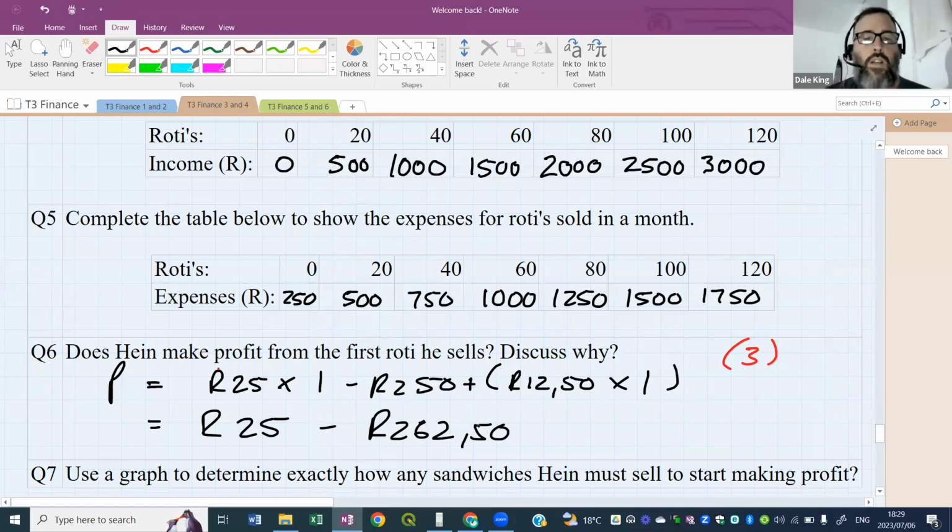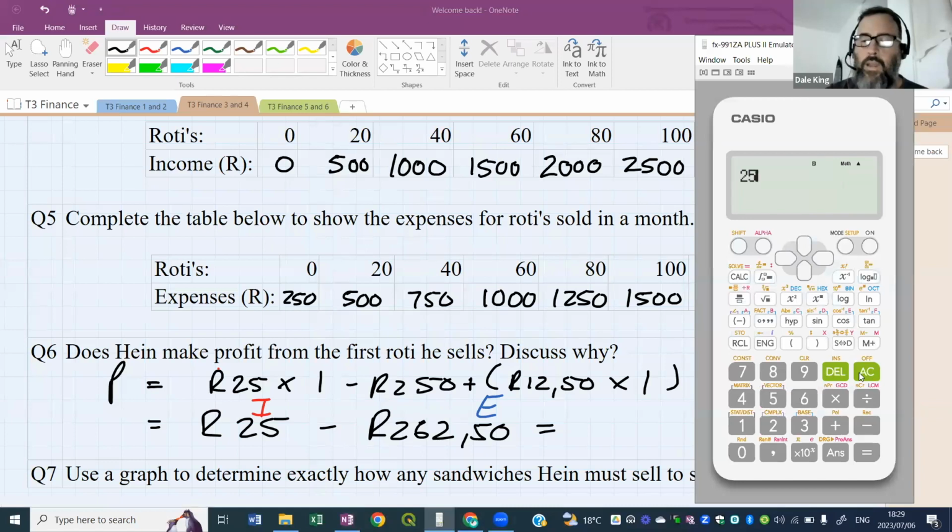Thank you. All right. So the expenses part of the equation here gives us 262 using the equation, and the income part, which is over here, gives us 25 rand for 1 roti. Okay, so if we put it into the profit equation, we're going to get a negative answer here. So if I take 25 rand and I minus 262.5, do you see that little negative there?